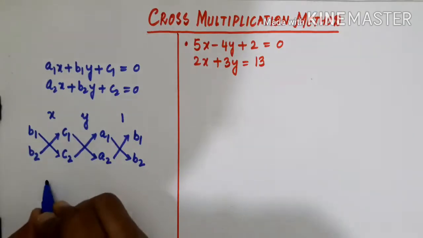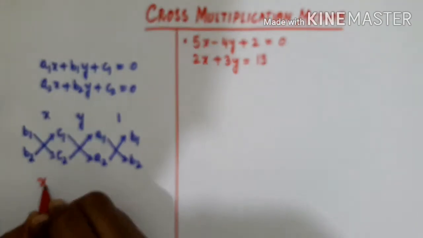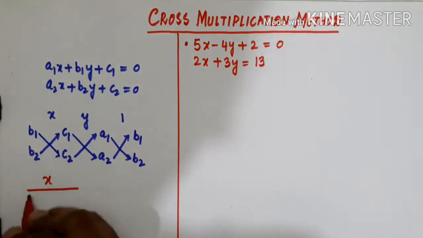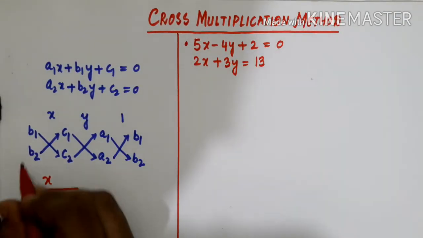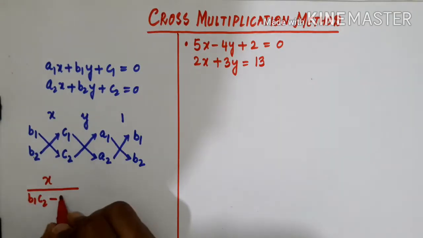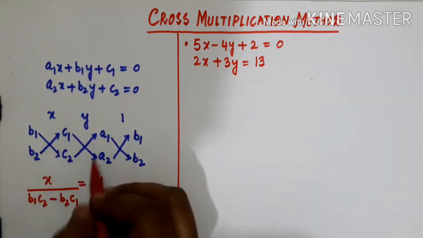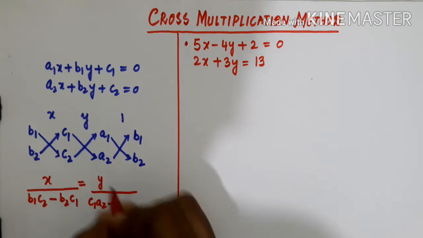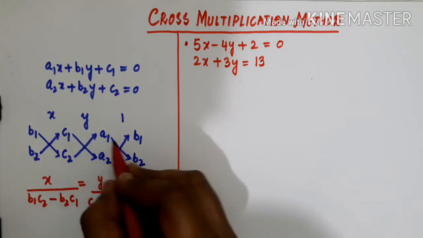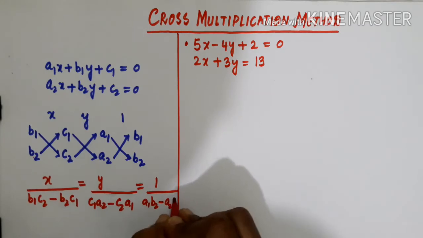First, this x we will just write as it is: x divided by b1 into c2. First you multiply b1 and c2, which gives b1c2, then you subtract b2c1, equals y divided by c1a2 minus c2a1, equals 1 divided by a1b2 minus a2b1.